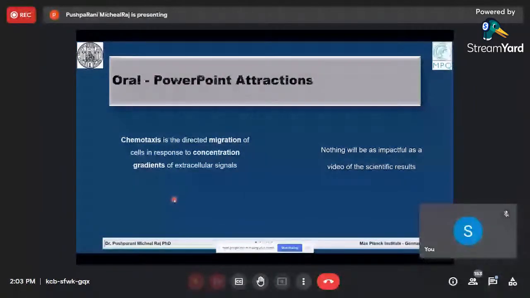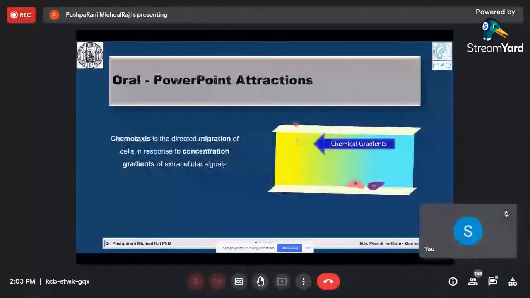So now here is a pictographical representation. There is a cell microenvironment here, and this has chemical gradients, low to high or high to low. It could be on any side along this x-axis, and there are 2 cells. I say that is a directed migration, and it will be still more impactful with this short animation.